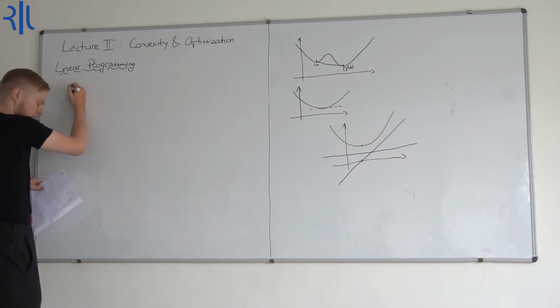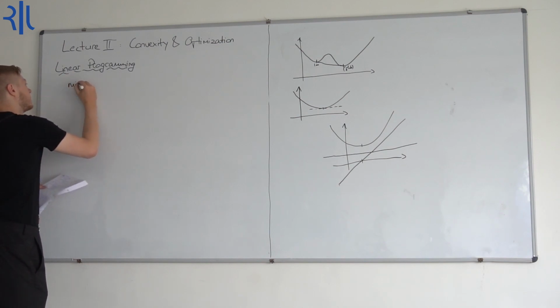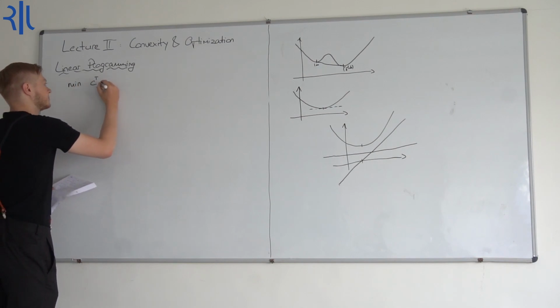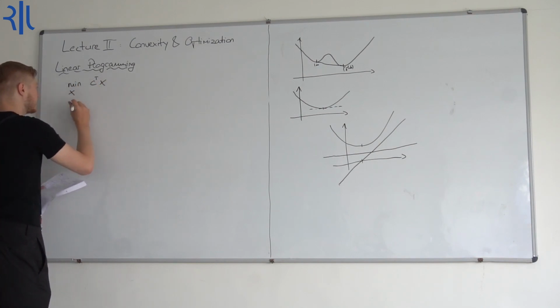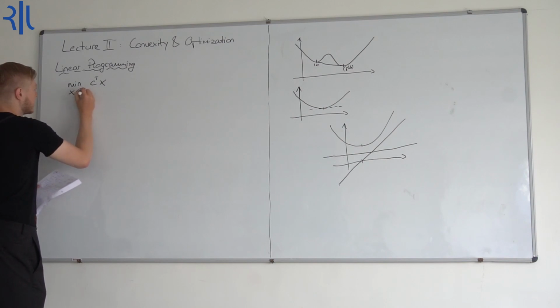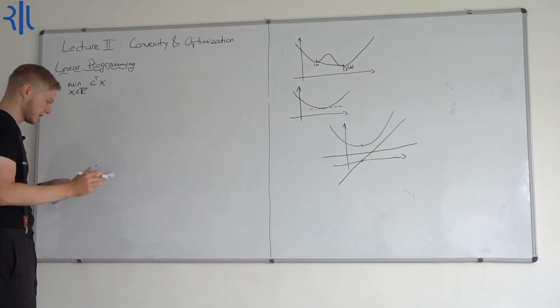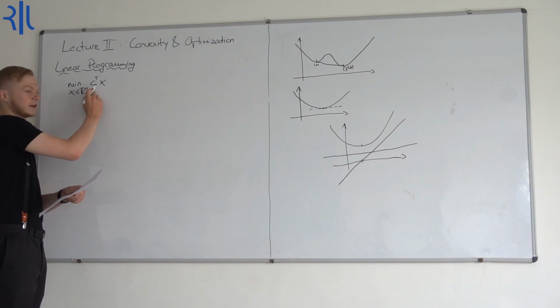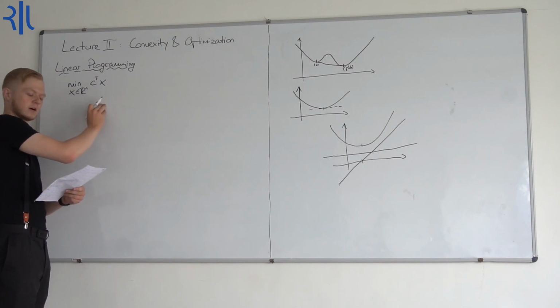A linear program has this form. You want to minimize over x in R^n a linear function, so we have a vector c, and we take the scalar product with our vector x.